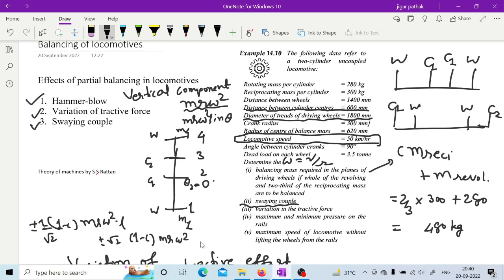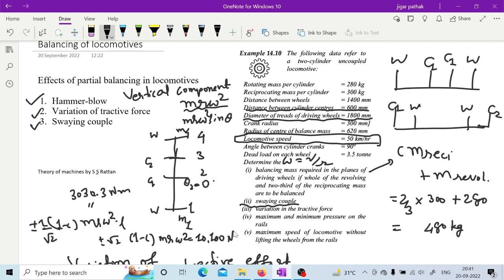The swaying couple is coming as 3030.3 Newton meter, and this is coming as 10,100 Newton, right?